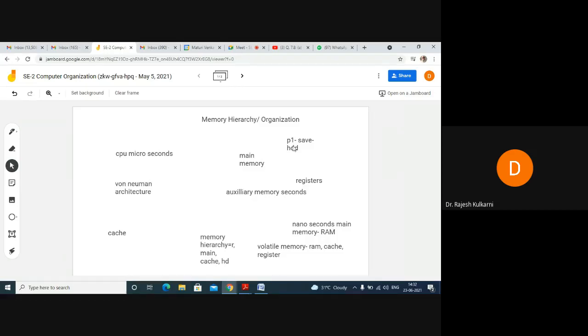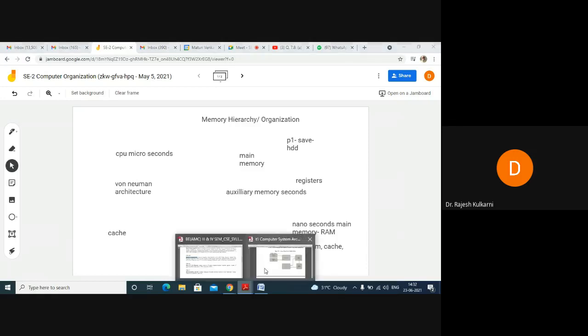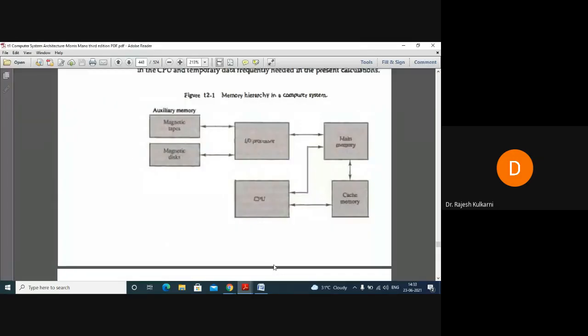Now, after writing the program, you want to execute this program. What will happen? Where is your program now? Your program P1 is, let us say, in the hard disk. You want to execute the program, which means you have to bring that program into the main memory.